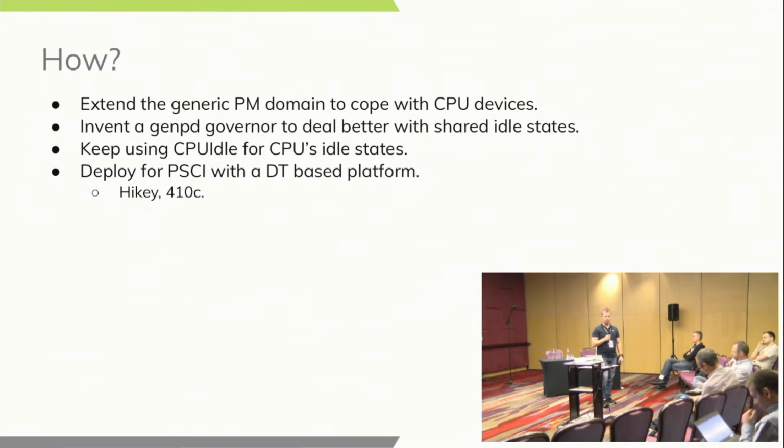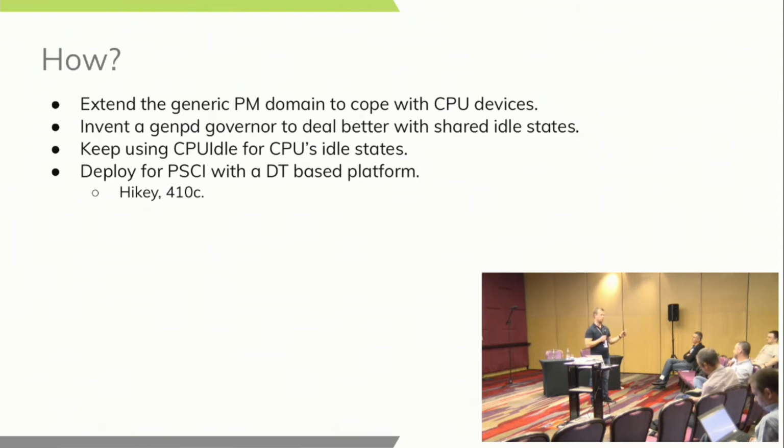So that's one of the things, and the other part is the changes that we've been doing on the governor level. We have the CPU idle and the CPU idle governors, which pick states on a per CPU basis. But when you have a group of CPUs, you need to pick a state per group of CPUs, and that's what this GenPD governor is doing.